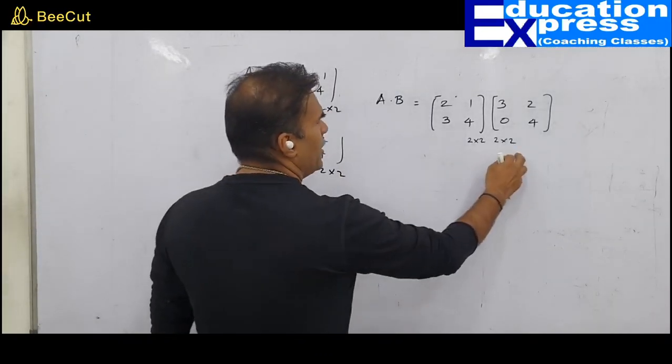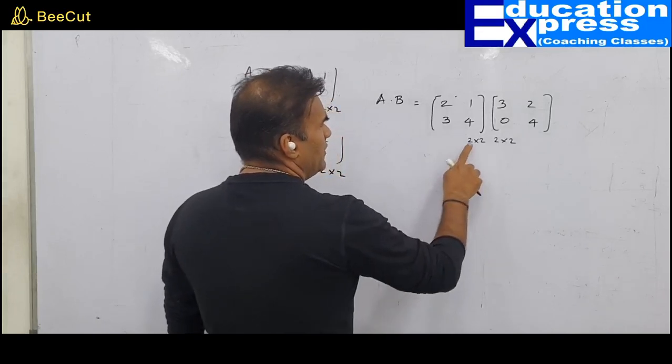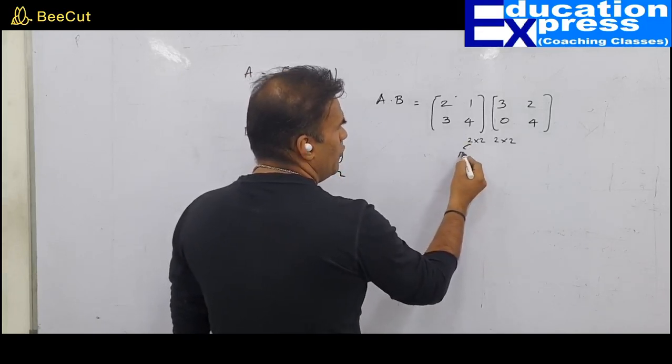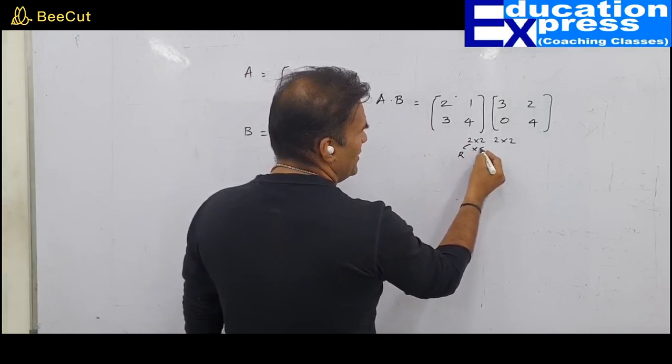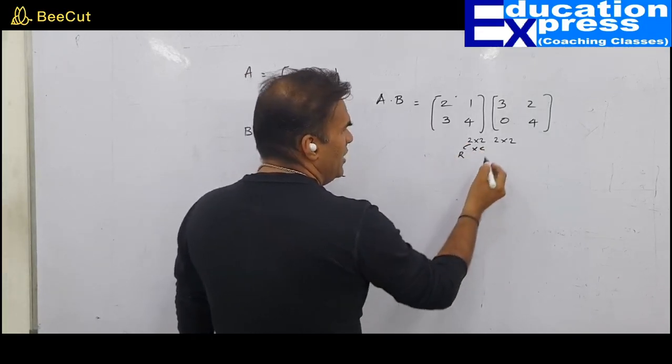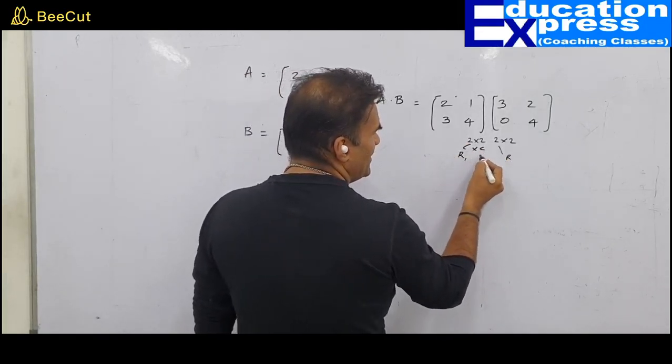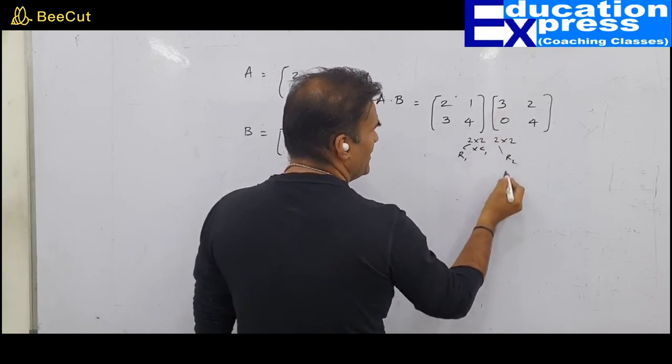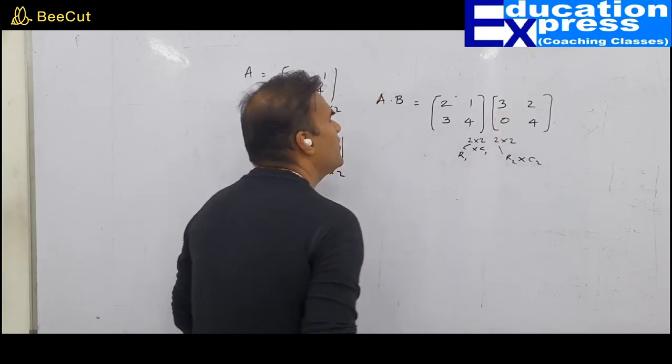So I wrote the order. Tell me, what is this? This 2 means the rows of the first matrix, and this is the columns of the second matrix.